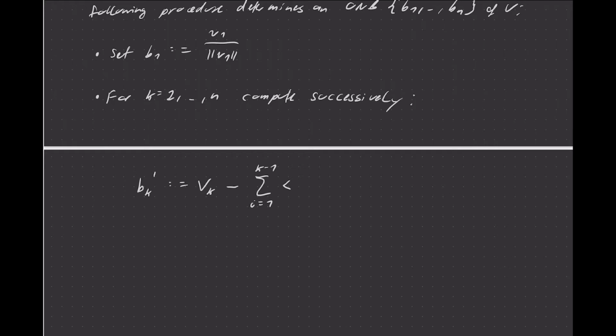And the orthogonal projection is computed, as you know, by taking the scalar products of the vk with the bi's that we have already times bi. So that's the formula for the orthogonal projection, right? So what happens here is, this is the orthogonal projection of vk onto the span of b1 to bk minus 1.